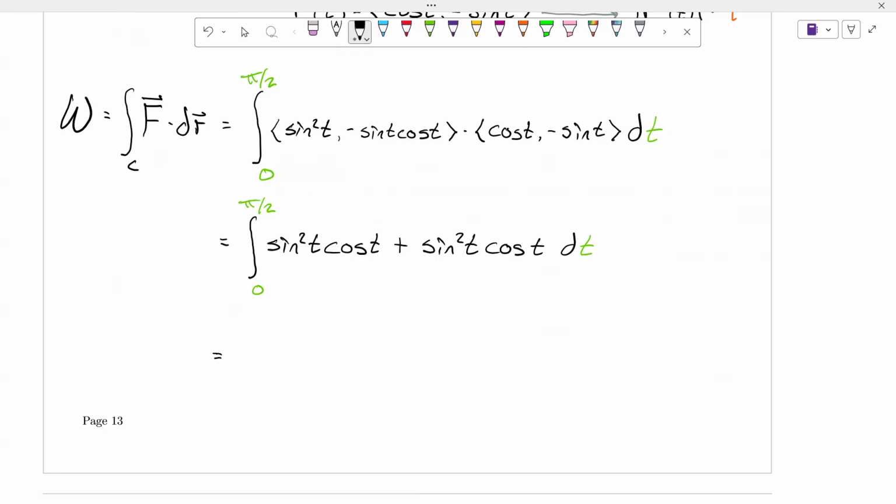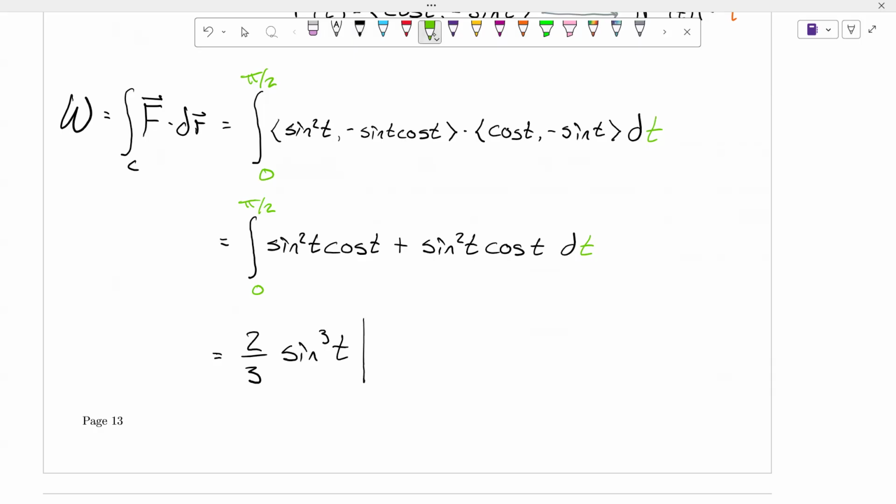So I'll set u equal to sine t. That means du is cosine t. Conveniently, I've got all of those parts already there. In fact, du is cosine t dt. So I'm just going to integrate u squared, which will go to u cubed over 3. So this looks like 2/3 times the sine cubed of t.